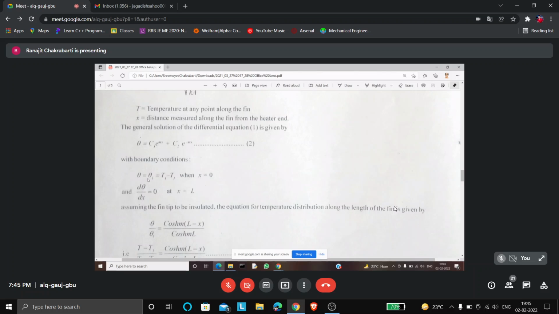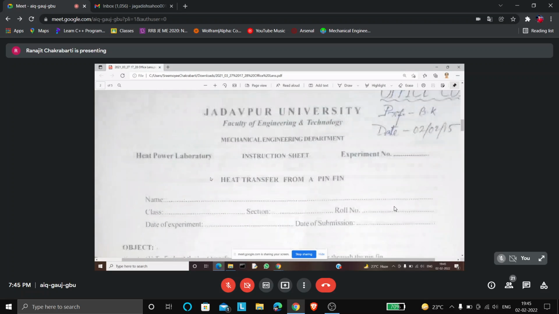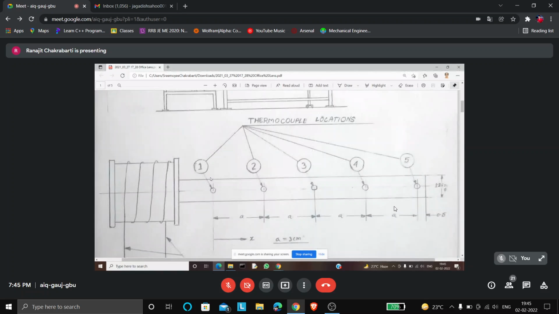One boundary condition is that theta 1, where the temperature is T1, is T1 minus Tf. That is known to us, I mean theta is known to us where x equals 0.